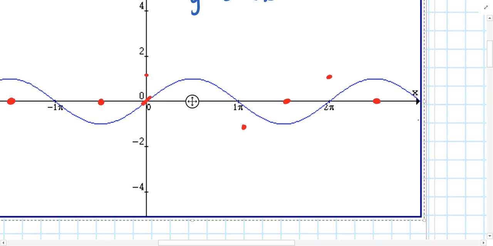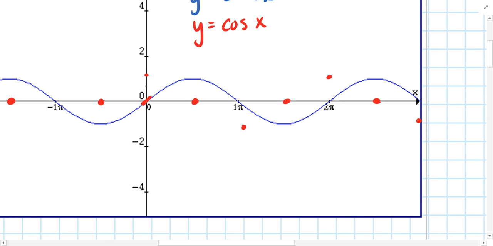So we're again recreating, in this case, the cosine function. The derivative of sine is cosine. We're recreating that based on the steepness of all of the points along that sine function.